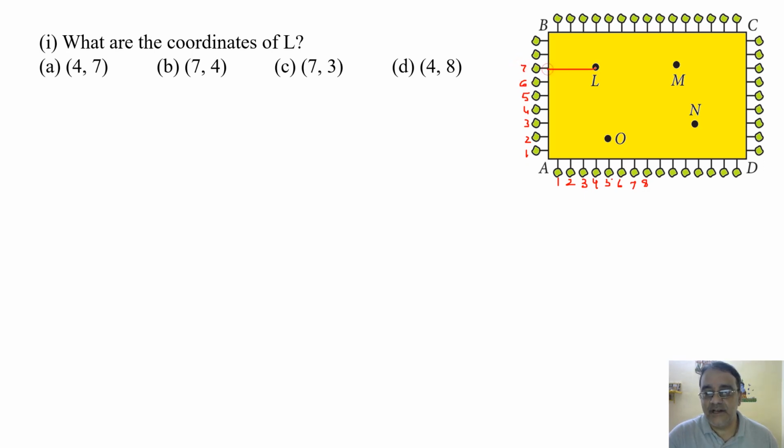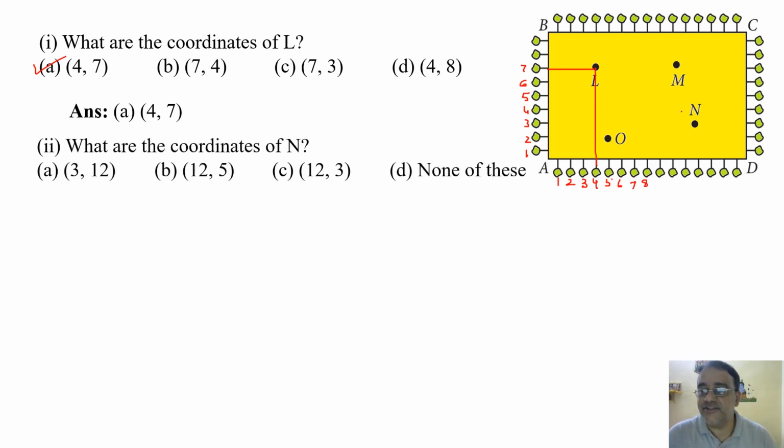So यहाँ पर हम लोग ड्रॉ कर रहे हैं. What is the coordinate of L? 4, 7. Right. So the correct answer is A1. Now next, what are the coordinates of N? 9, 10, 11, 12. 12, 3. Right. 12, 3 is the C bit.